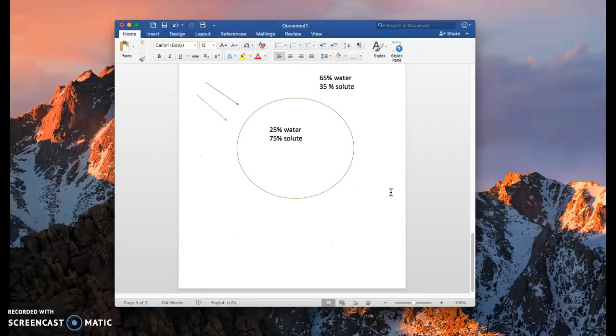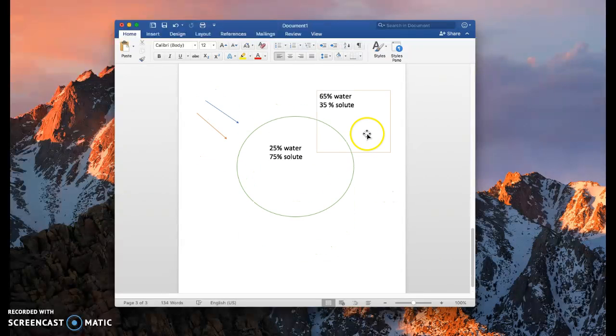Now, last one I want to do, we look at which one has the higher concentration of water or the highest concentration of solute. We can see that the outside has a lesser solute, so this is hypotonic, because 35% is less than 75%, which makes this hypotonic. And so that makes the inside hypertonic.